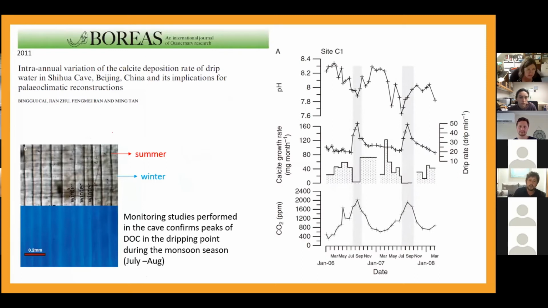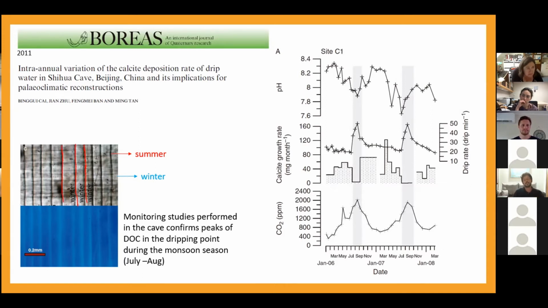We have annual laminas, and in this case, the annual lamina results from this precipitation of dark laminas here that occurs during the summer, and this is a kind of organic lamination.